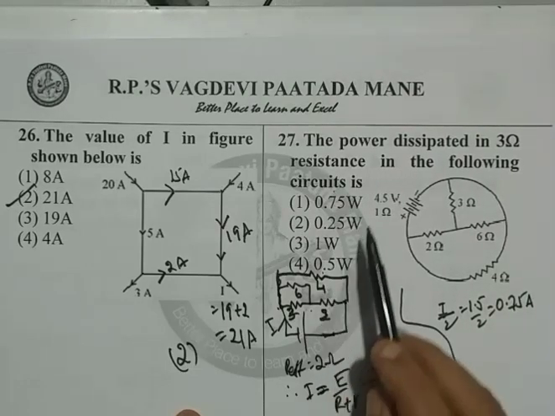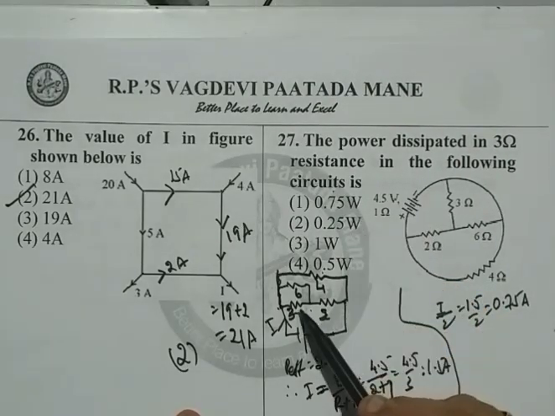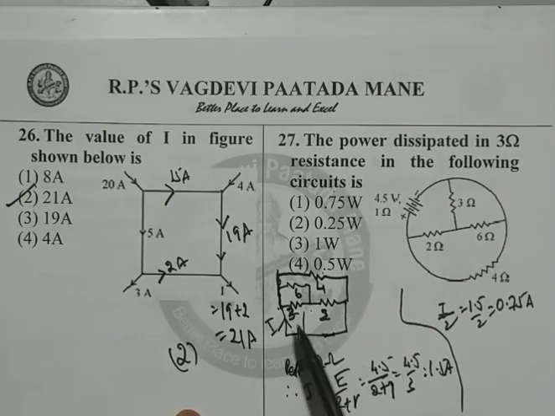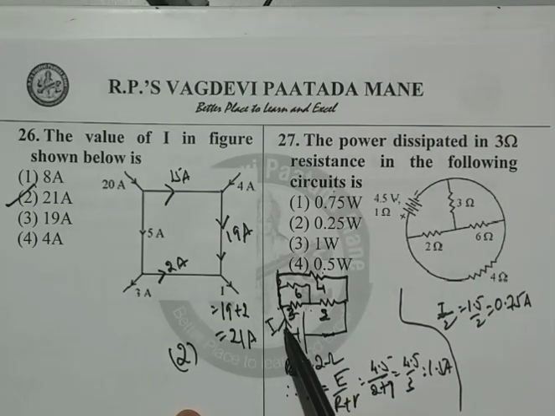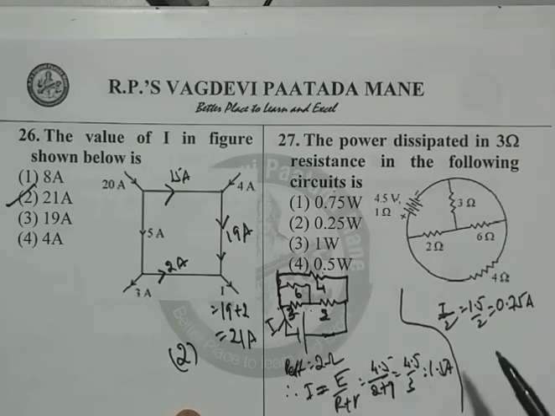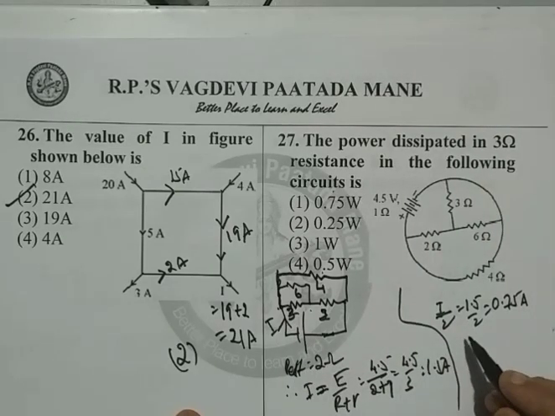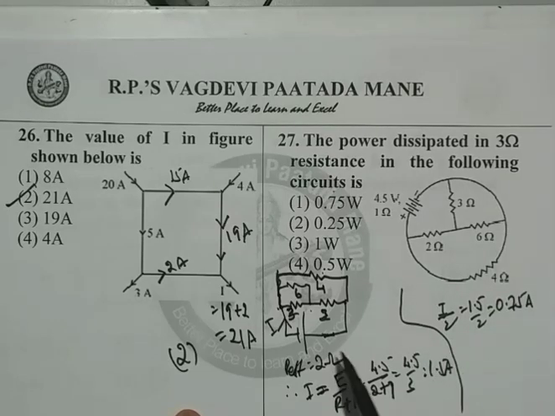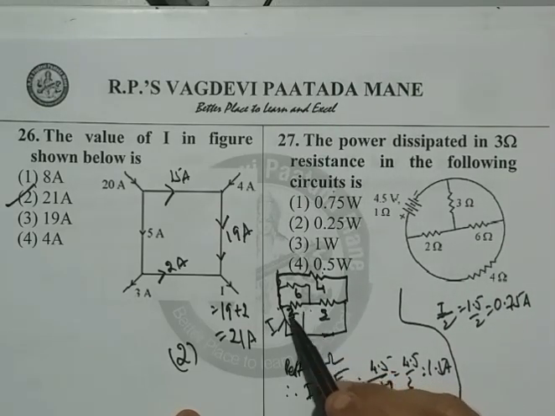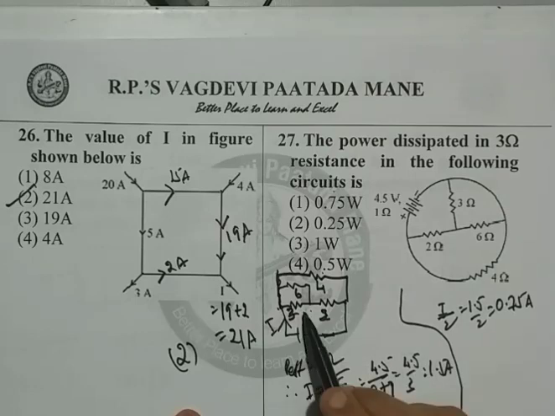We want to calculate the power dissipated in 3 ohms, so we have to calculate the potential difference across 6 and 3 in parallel, and then we can simply use V square by R for the calculation of power. So 0.75 is flowing through the 6, 3 and 2 series combination there.